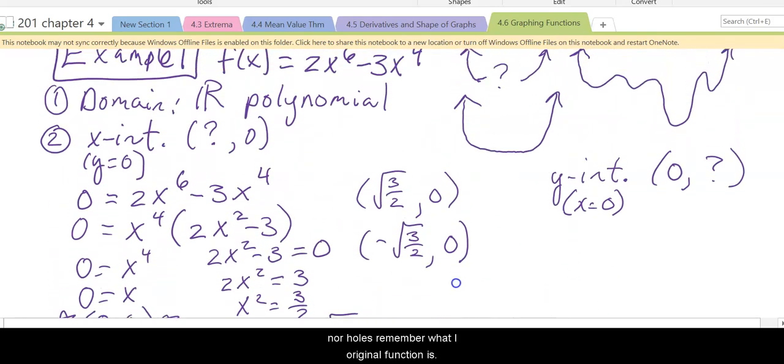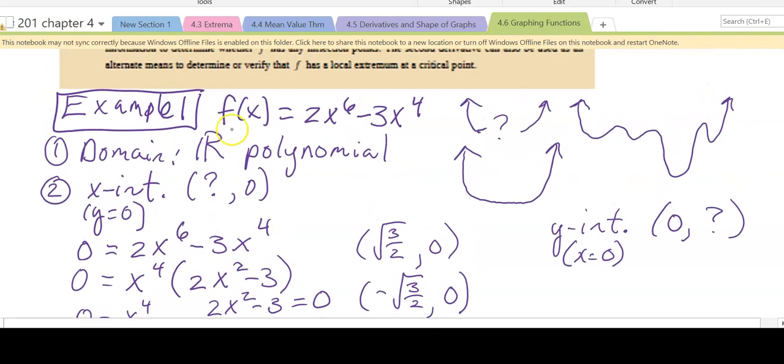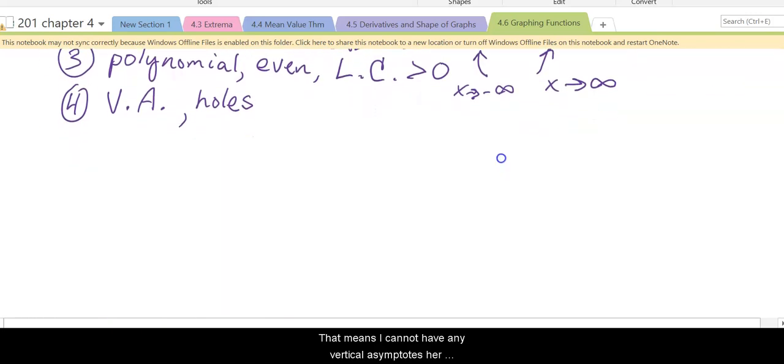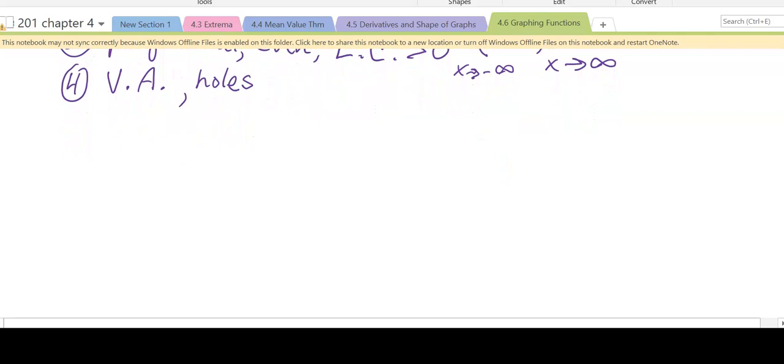Remember what our original function is. It is f of x equals 2x to the 6th minus 3x to the 4th. There's no fraction, so there's no way to get 0 in the denominator, and there's no radical, so there's no way to have a negative underneath an even radical. That means I cannot have any vertical asymptotes or holes in the graph.